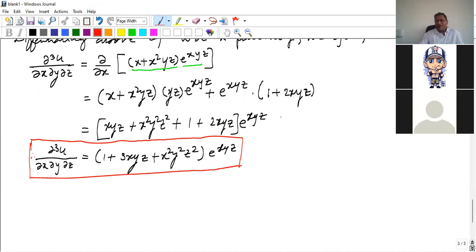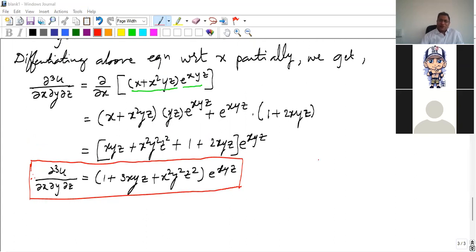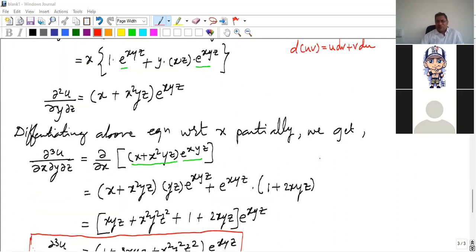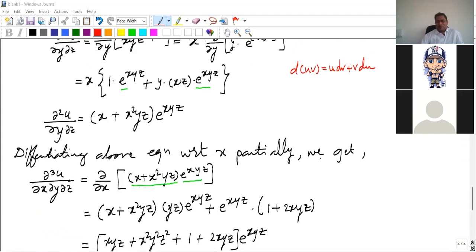Now you can check your answer, whatever you have guessed earlier. That's why the steps are important. This is how we are able to get the answer if you solve the example step by step.